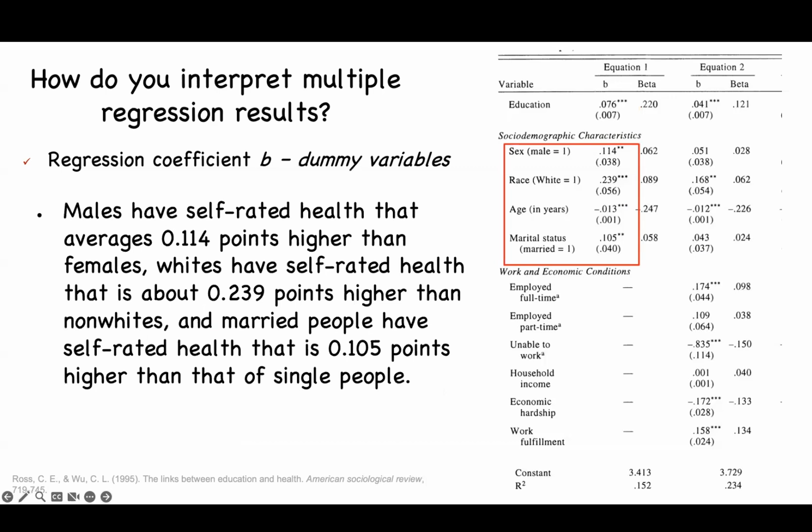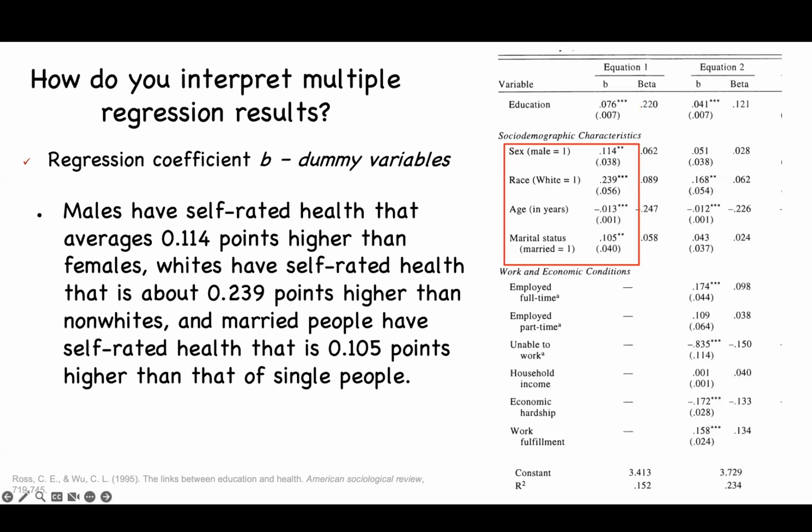Next part, for a dummy variable, which takes two values, for sex, like male is equal to 1, female is equal to 0. You can find this information in the paper. Usually good papers will introduce how they recoded their variable into a dummy variable. So the only way to get a 1 unit increase is to go from 0 to 1.